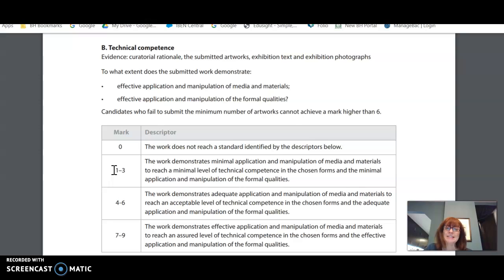If the work does match the descriptor, then we ask, might it match the next highest descriptor? So then we would read the next highest descriptor and evaluate the work against that to see if it matches. If it matches, evaluate the work against the next highest descriptor, and continue until you reach a descriptor that does not describe the work. The correct level to assign the work is the highest one that matches the work.